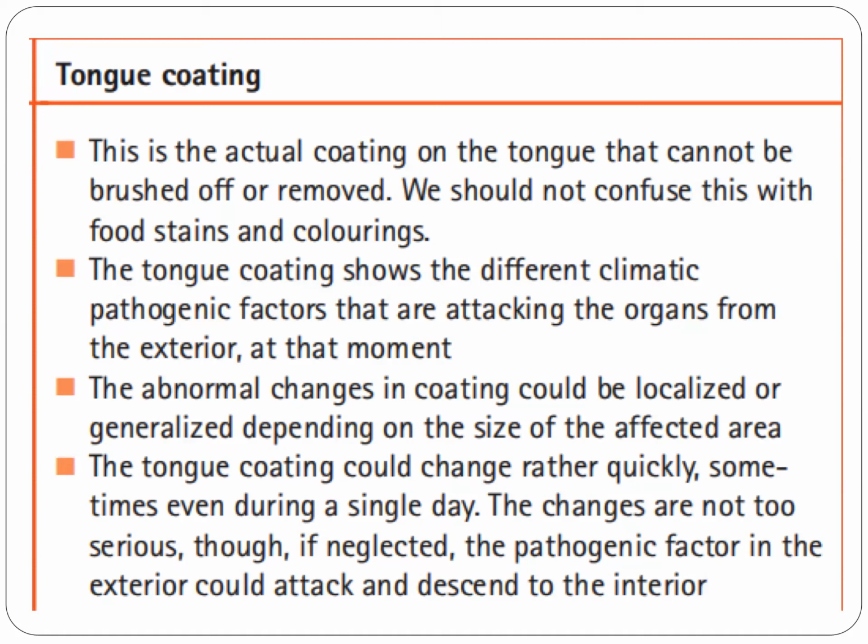The abnormal changes in coating could be localized or generalized depending on the size of the affected area. The tongue coating can change rather quickly, sometimes even during a single day. The changes are not too serious, though if neglected, the pathogenic factor in the exterior could attack and descend to the interior.